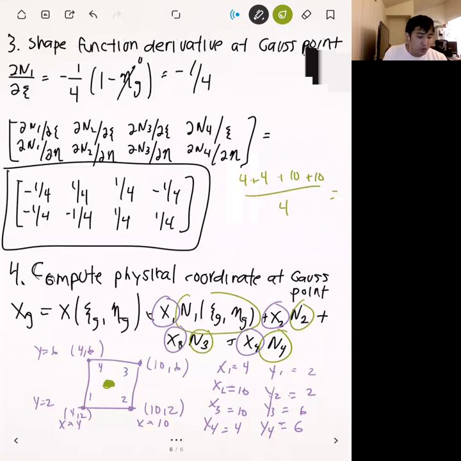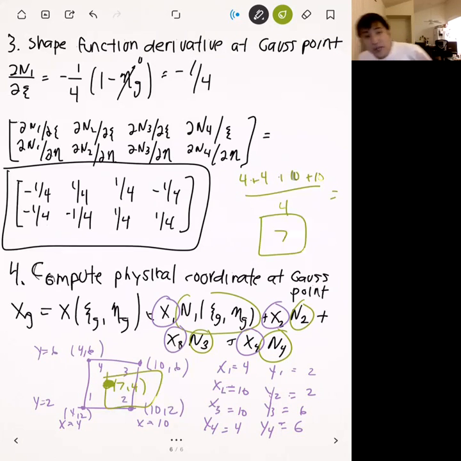That's 28 divided by 4, which gives 7. So this centroid has an x-coordinate of 7. The y-coordinate is 2 plus 2 plus 6 plus 6 divided by 4, which is 4. And so xg is equal to 7 and yg is equal to 4.